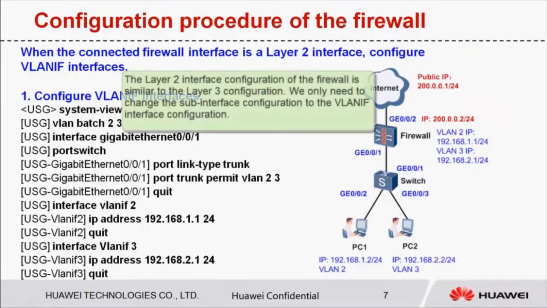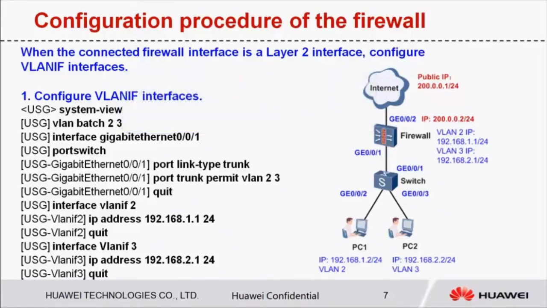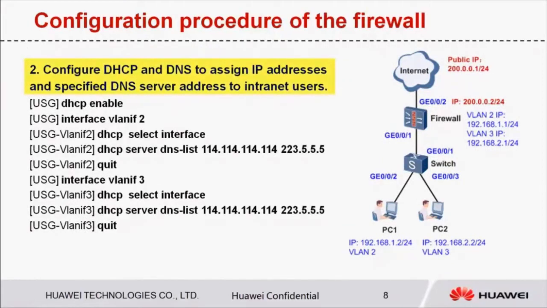The Layer 2 interface configuration of the firewall is similar to the Layer 3 configuration. We only need to change the sub-interface in the VLANIF interface configuration. There are also 5 steps. Step 1. Configure VLANIF interfaces and assign IP addresses to the VLANIF interfaces. Step 2. Configure DHCP and DNS to assign IP addresses and specify DNS server address to Internet users.